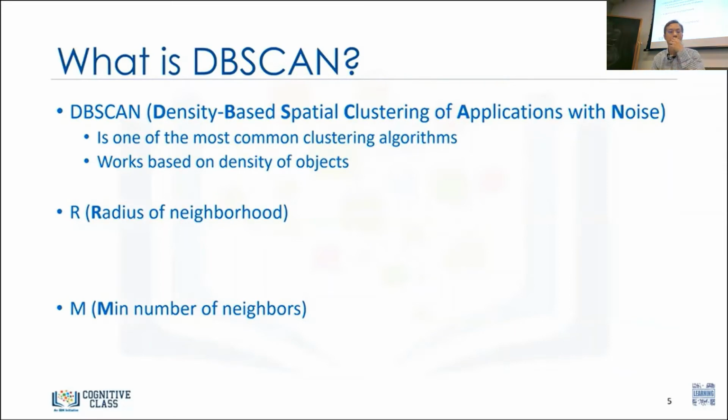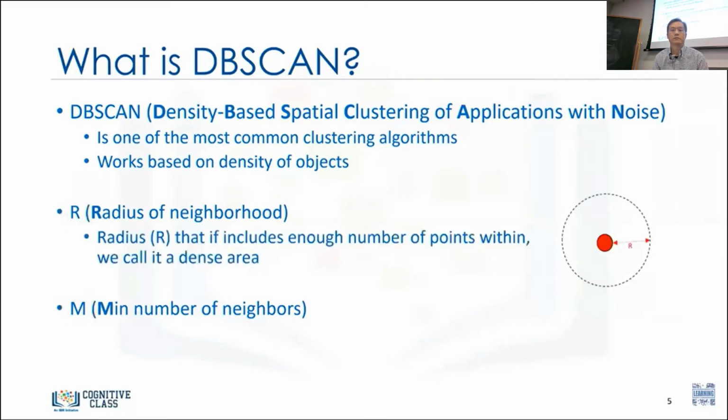DBSCAN works on the idea that if a particular point belongs to a cluster, it should be near to lots of other points in that cluster. It works based on two parameters, radius and minimum points. R determines a specified radius that, if it includes enough points within it, we call it a dense area.